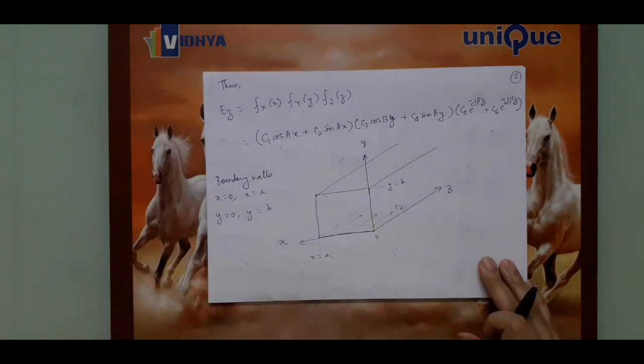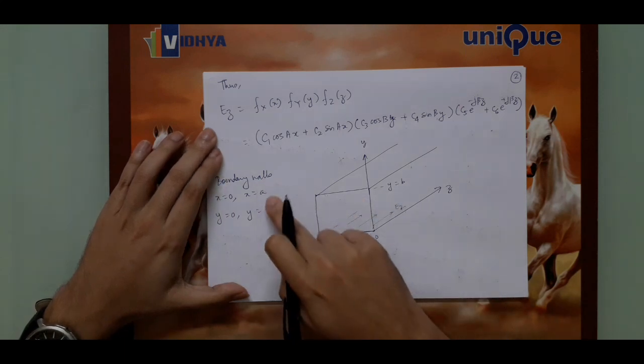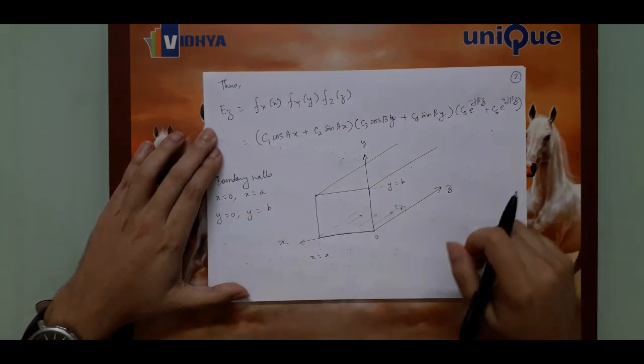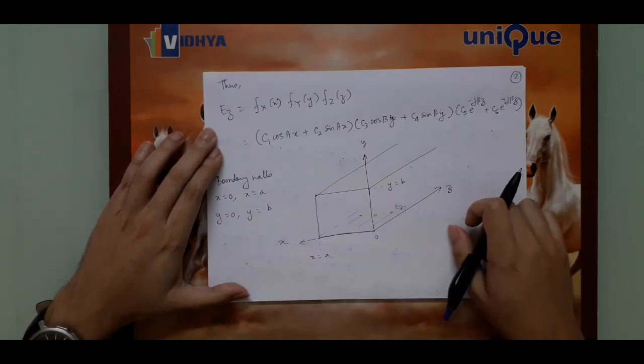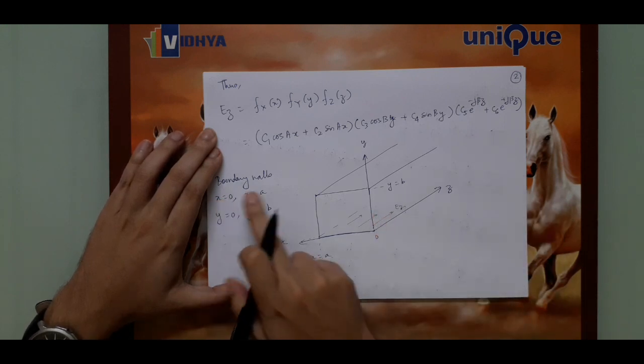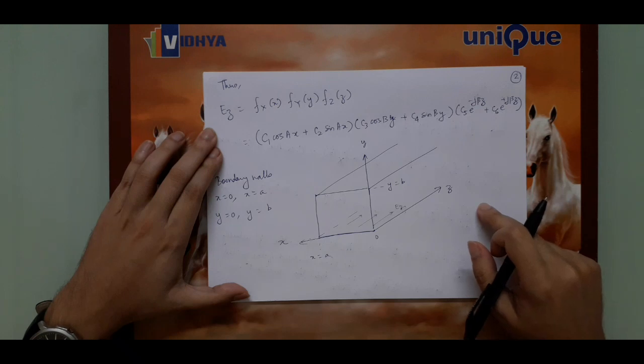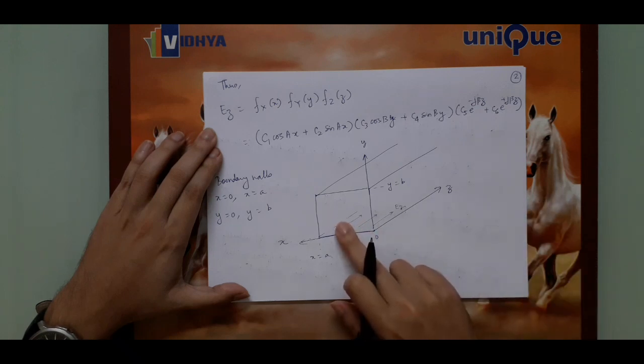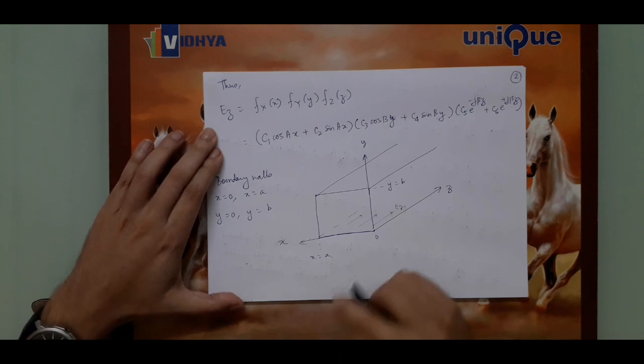respectively. So if you notice, as far as the Ez field is concerned, each of these 4 walls are those on which the Ez is the tangential field.